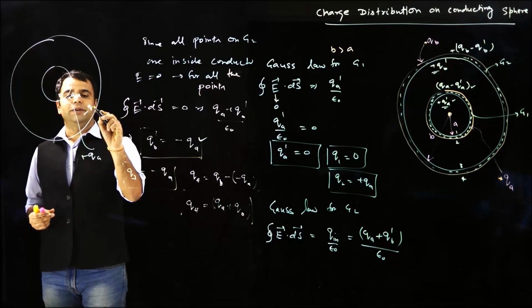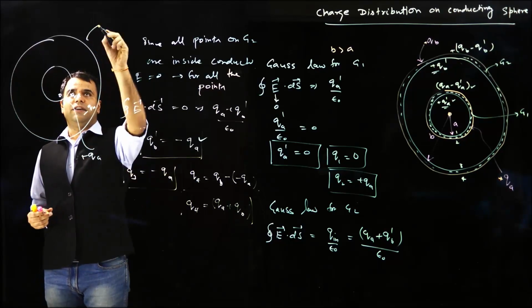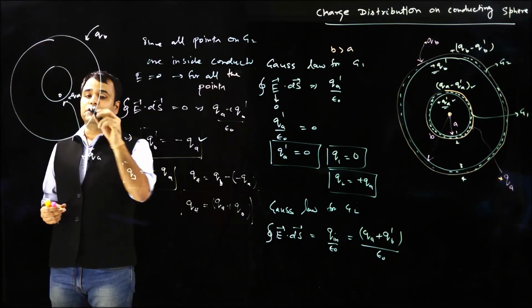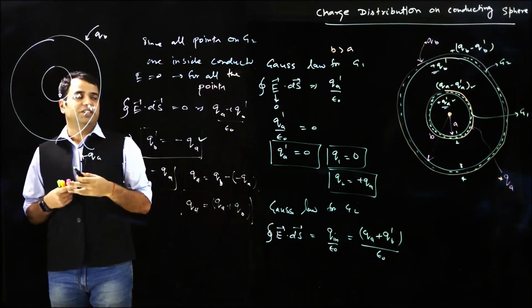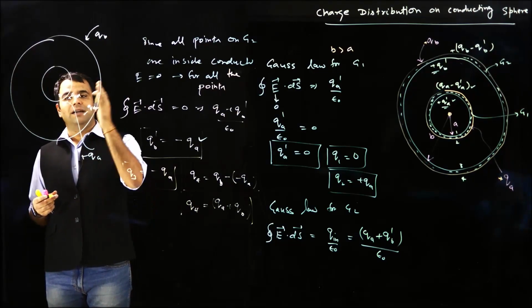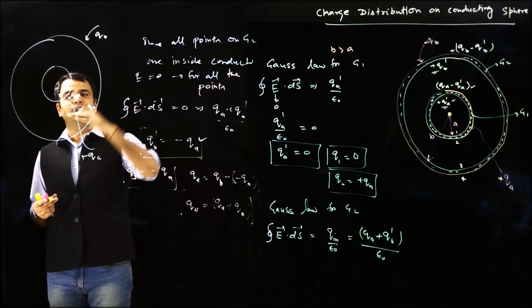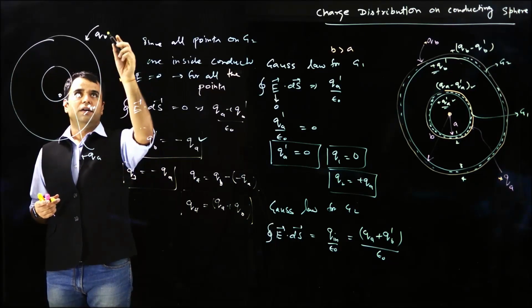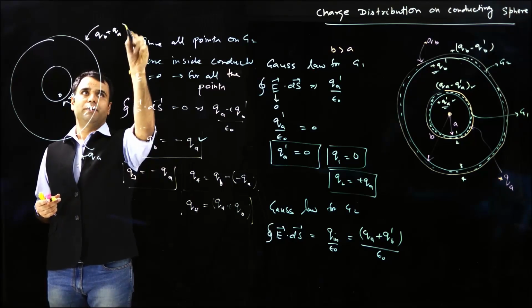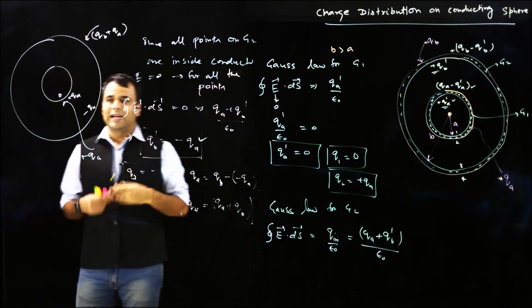If outside I'm providing QB, then plus QA comes from the inside, because this spherical shell was neutral before you provided the charge. If negative charge is generated on one side of the surface, obviously positive charge will go to the other side, and the other side is already plus QB charged. So it becomes this much. That's how you distribute the charge.